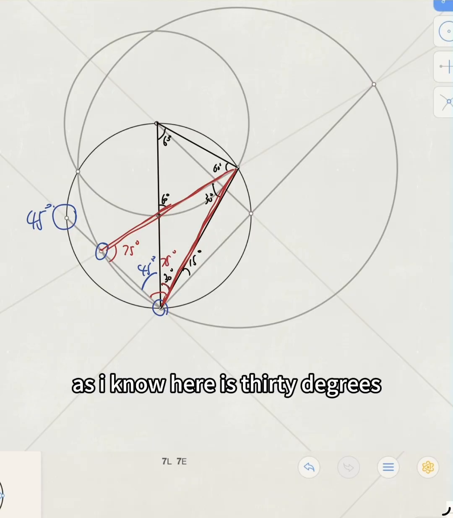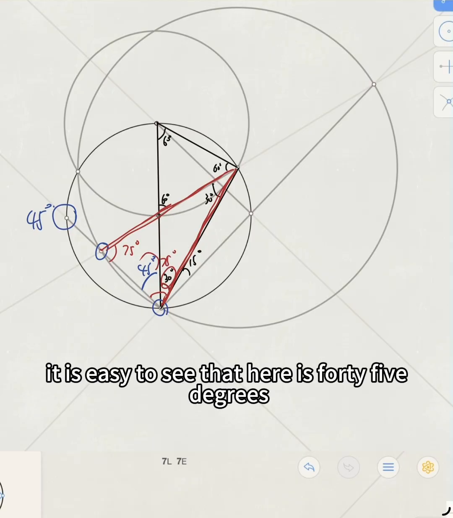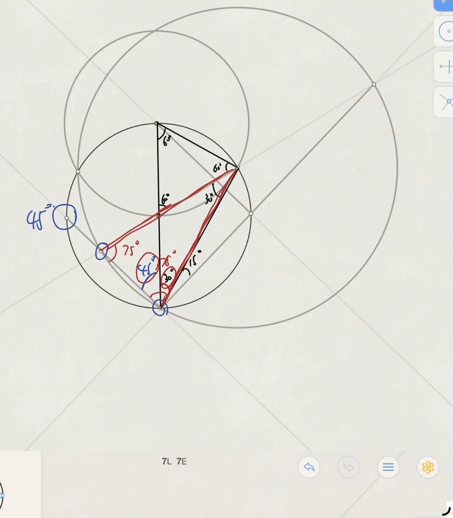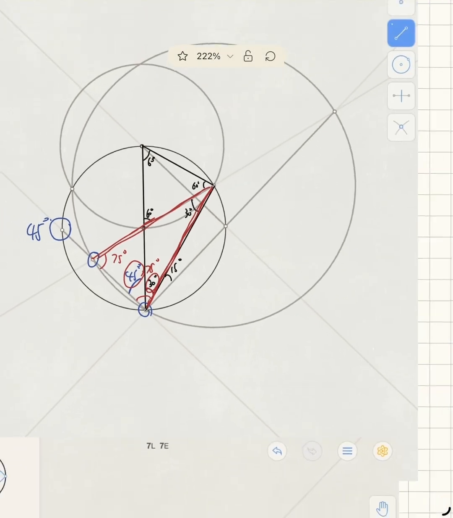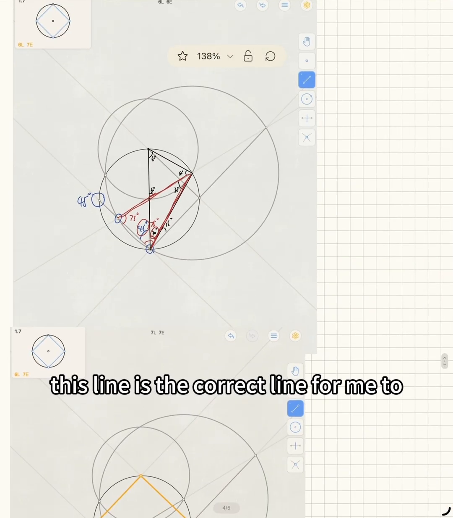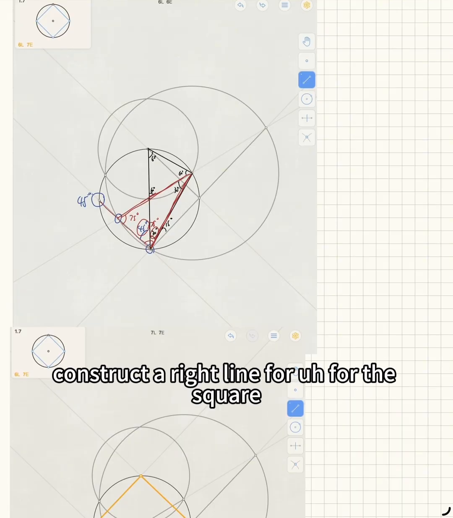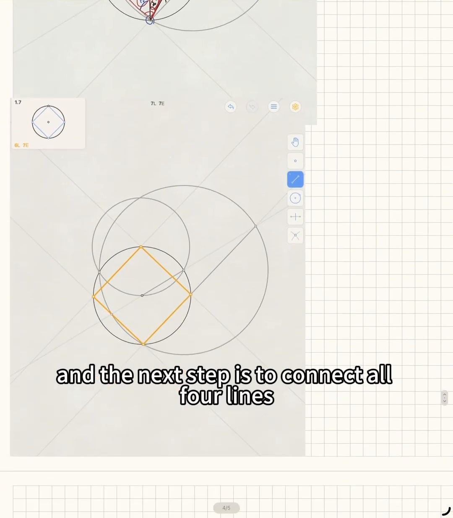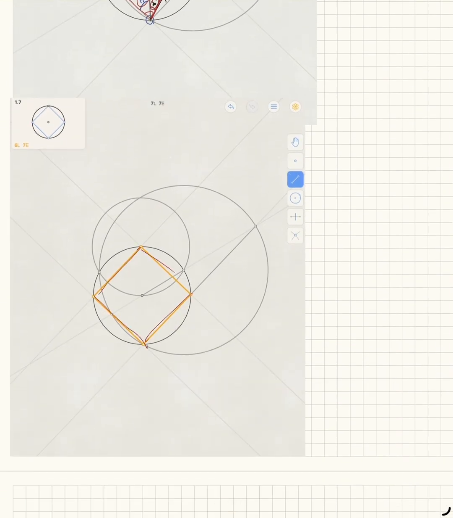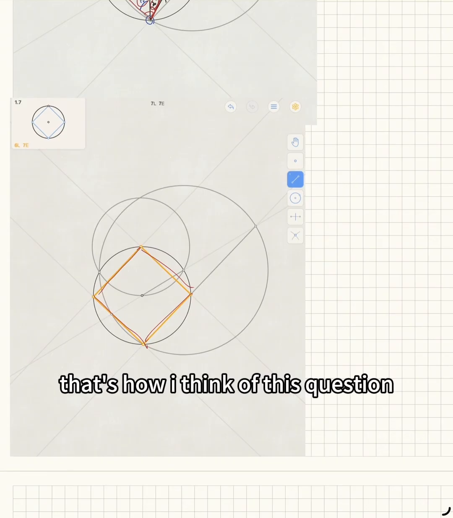As I know here is 30 degrees, it is easy to see that here is 45 degrees. As I know this is 45, I know that this line is the correct line for me to construct a right line for the square. And the next step is to connect all four lines. That's how I think of this question.